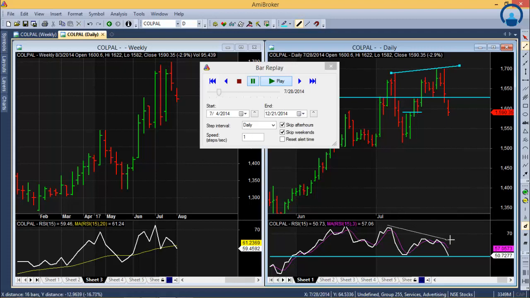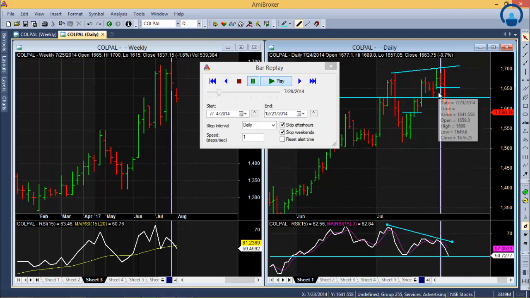RSI failed to go any further, thus giving us a divergence, and a divergence is characteristic of a weak top. Assuming the fact that this was a weak top, we could have placed our stop much tighter and to this low, stopped out at this level.